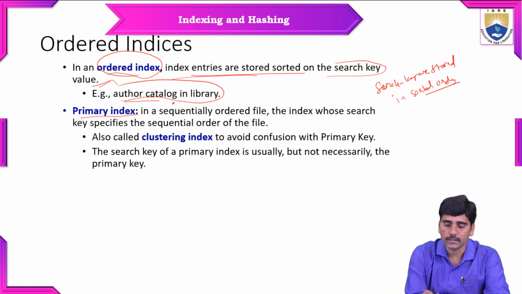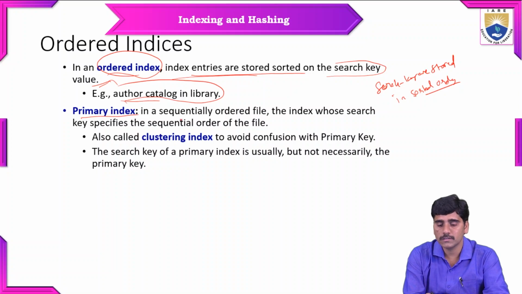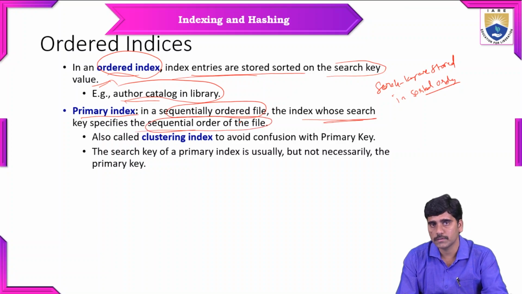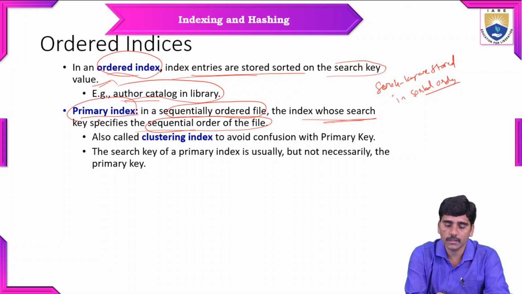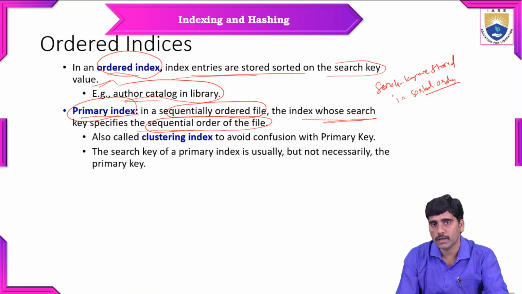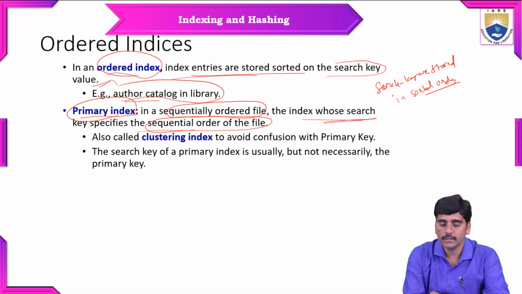Now the primary index. In a sequentially ordered file, the index whose search key specifies the sequential order of the file is called the primary index. It is also called the clustering index.